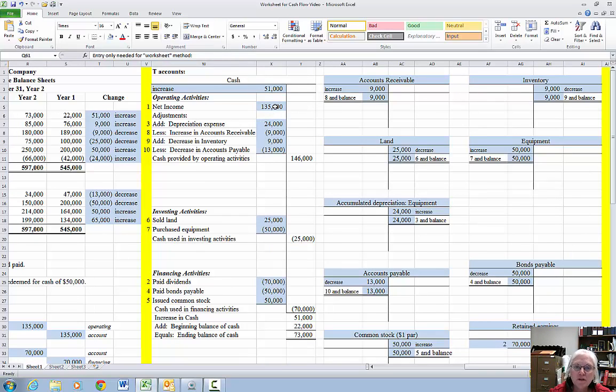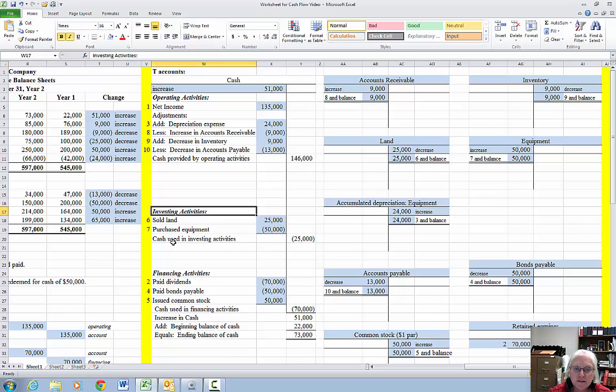So what I want to do now is make sure I come back to this $51,000 because that's my check figure. So combine the debits and credits in cash in the operating activities, and it should come back to $146,000, which is cash provided by operating activities.